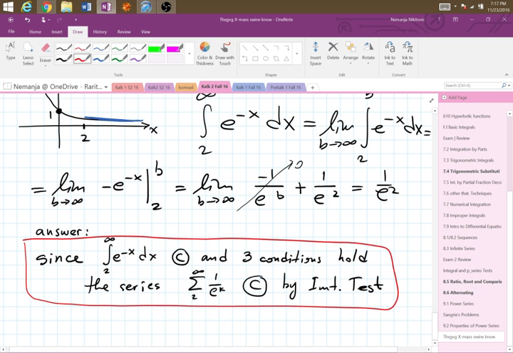If they converge together, they do not converge necessarily to the same value. So it would be wrong to say that the series converges to 1 over e squared. The series and the integral do not necessarily converge to the same number. So they both converge or they both diverge. That's guaranteed because those 3 conditions hold. That's what our theorem is for the integral test.